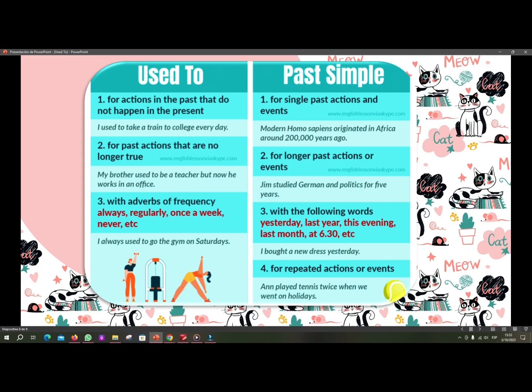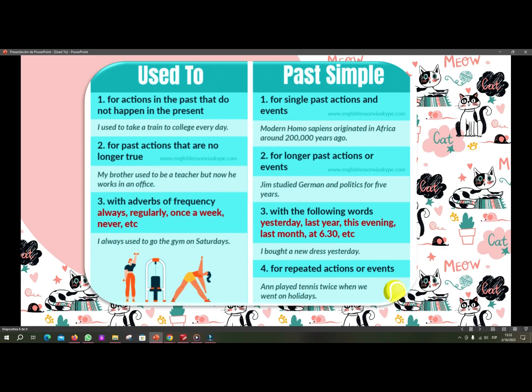Also with adverbs of frequency, we're going to use used to, using the adverbs of frequency or frequency adverbs. That's almost the same. You can have always, regularly. Also, you can have frequency expressions like once a week, twice a week, 3 times a week, or 3 times a year, etc. Right?